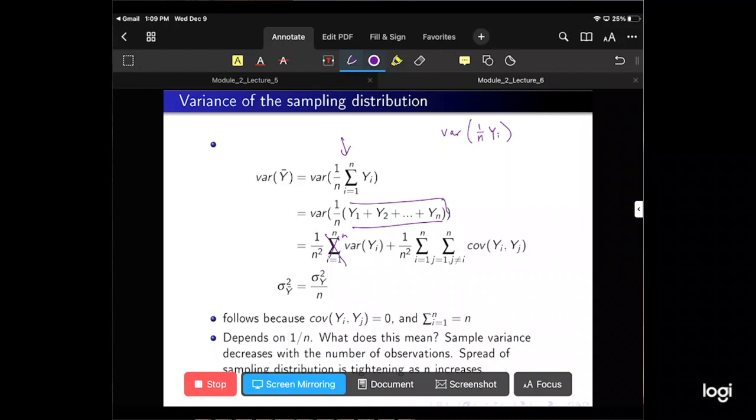Let's say, what happens if we have that? The 1 over n comes out, but it's squared, and then we're left with the variance of yi. So we're doing that step in this, and that's how we get the 1 over n squared.